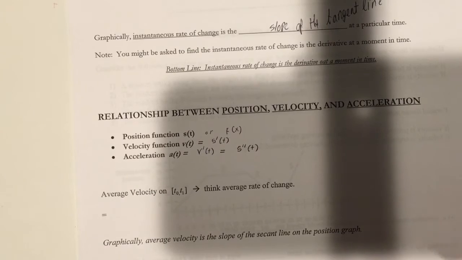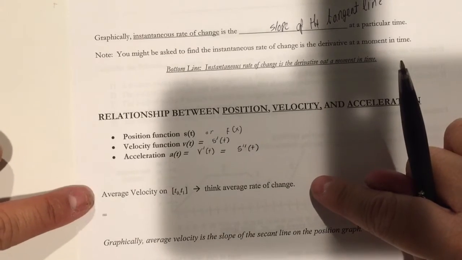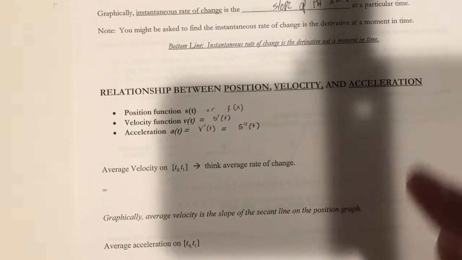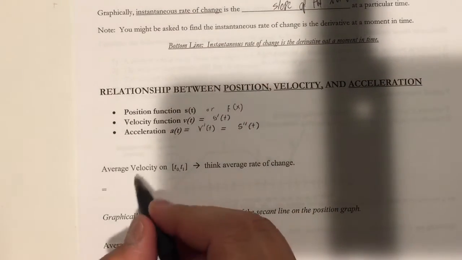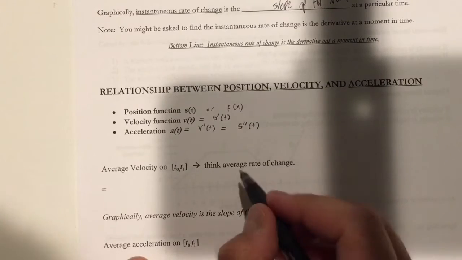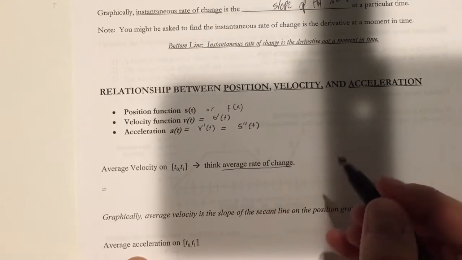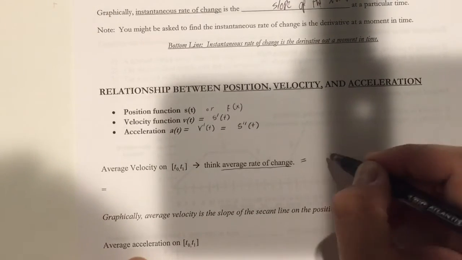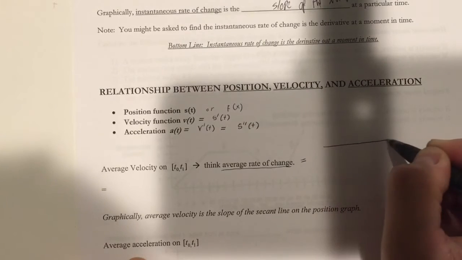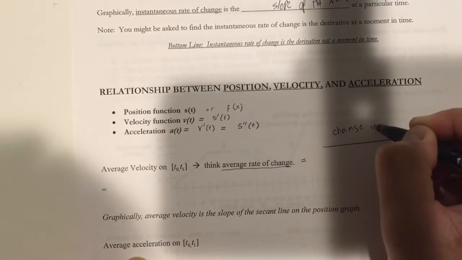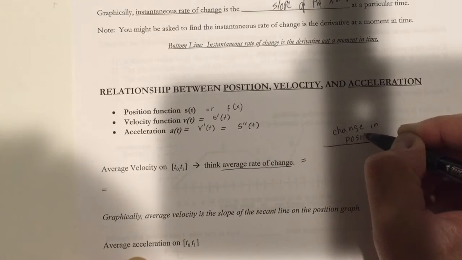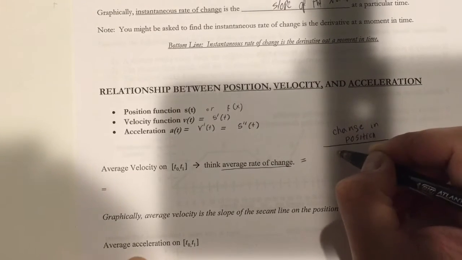Now, this is just to make sure that you understand these terms correctly. When you hear average velocity, I want you to think of the average rate of change. And remember that from the previous page, this is the change in position over the change in time.